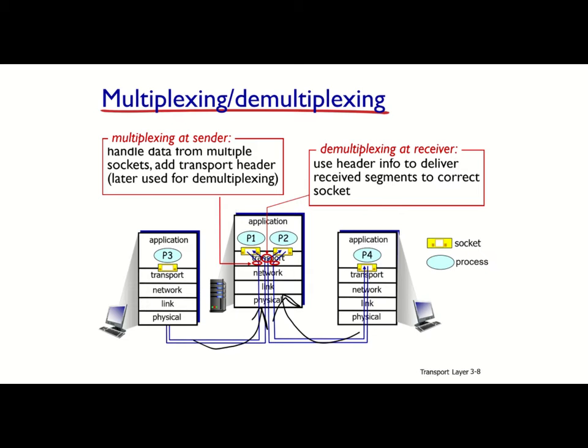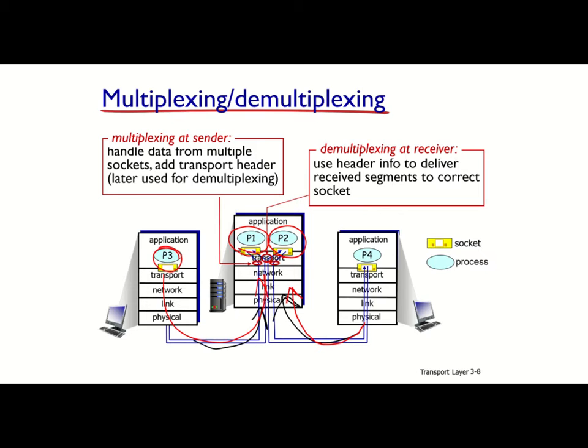So for example, if a message comes from P3 all the way to this host, it has to be delivered to P1, not P2. In a similar manner, if a message is transferred from P4 and received by the host, the host has to deliver the message to the right process, which is in this case P2.